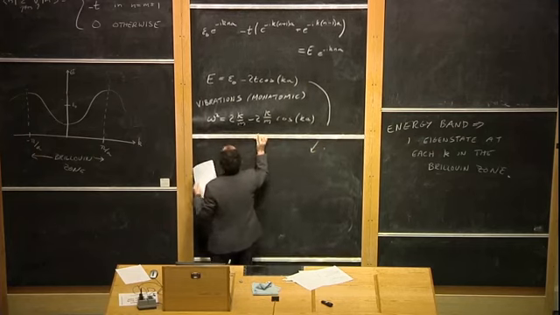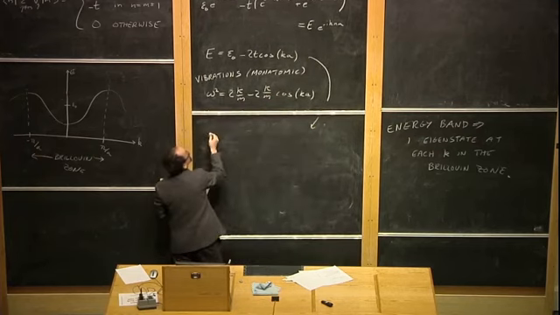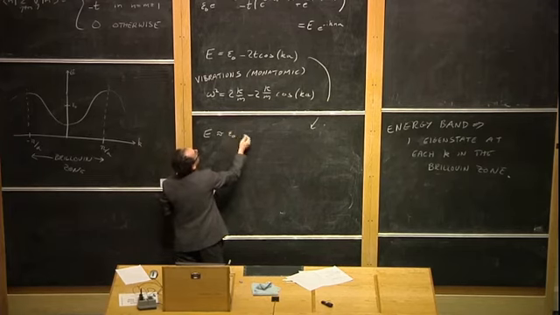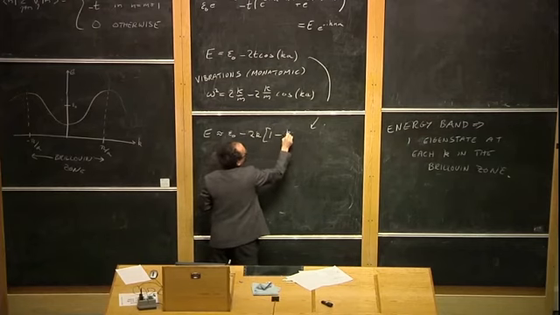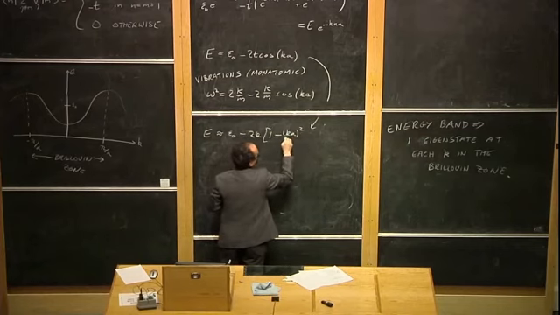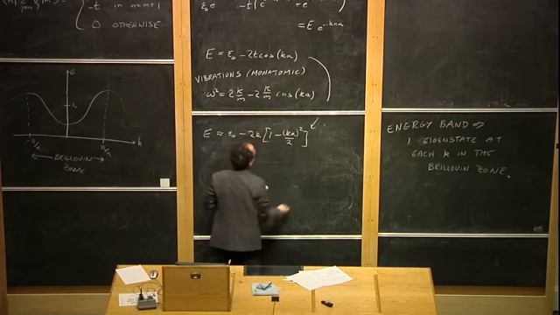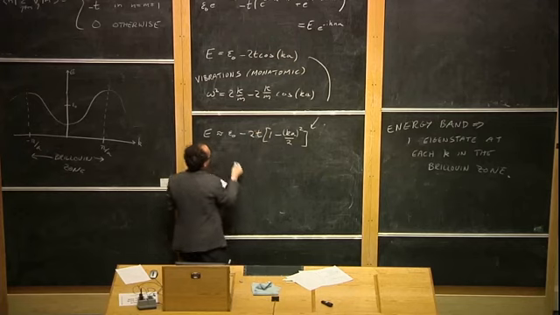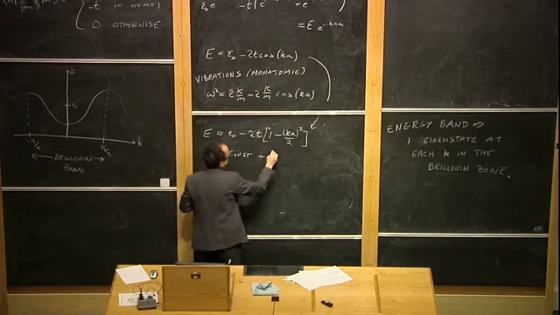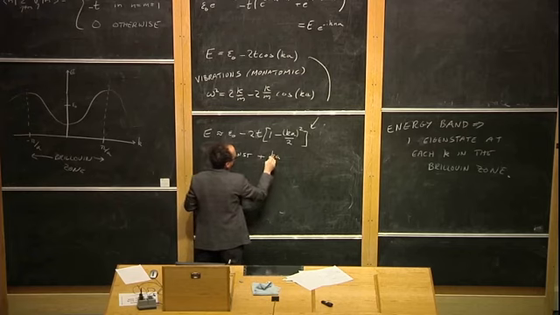In the case of electrons, if you expand near zero wave vector, it's E naught minus 2t, and then we substitute in for small wave vector cosine Ka is approximately 1 minus Ka squared over 2. What we get is a constant, which I'm not interested in, plus Ka squared times t.